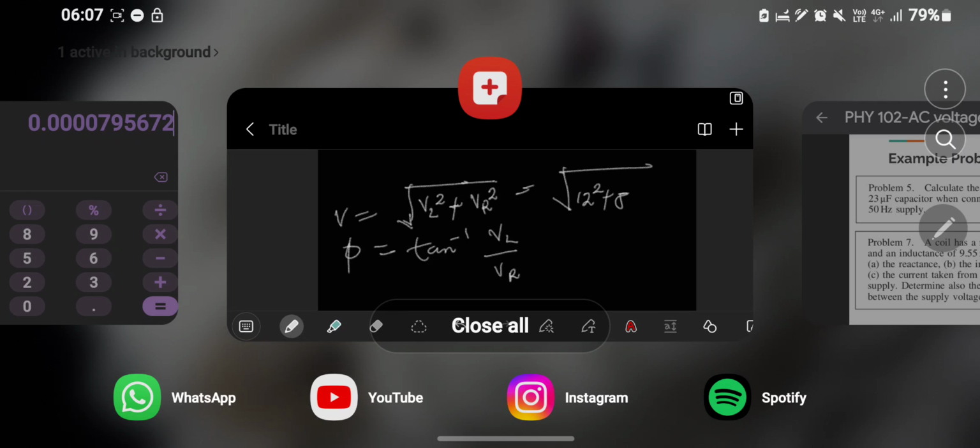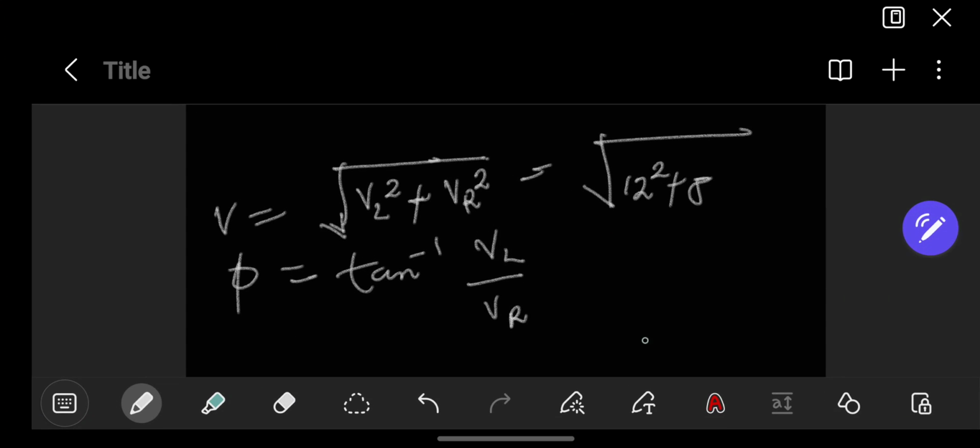So that will be plus 5 squared. I think I might have mixed it up. So this is the voltage drop across the resistor and this is the voltage drop across the inductor.